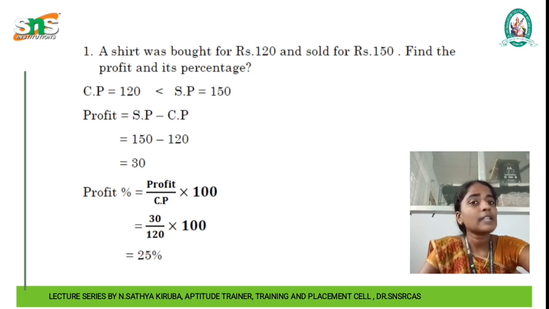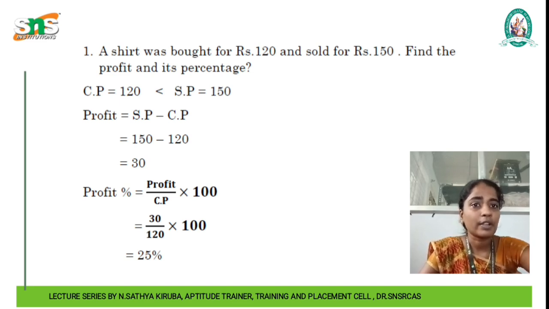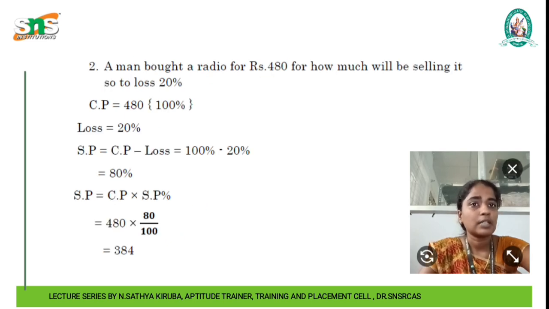To calculate the profit percentage, we use the formula profit by cost price into 100. Profit is 30 and cost price is 120. Substituting in the formula, you get 25 percent profit. Very nice. Next problem.